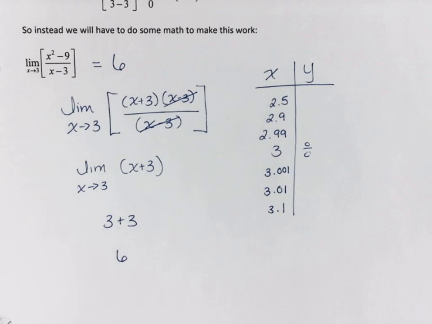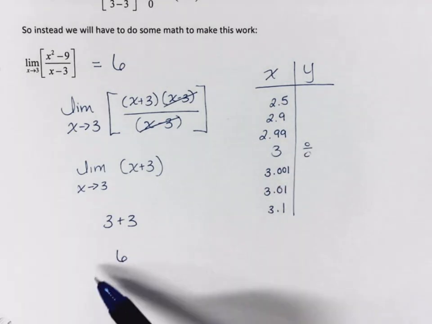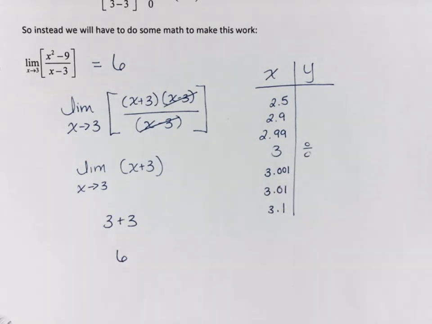So if you're not sure mathematically what to do, a table of values would definitely help. I'm not going to actually do the calculations because I know it works out to 6, but you could totally do it that way just to help if you're not sure. It's always good to have a backup plan, a second plan.